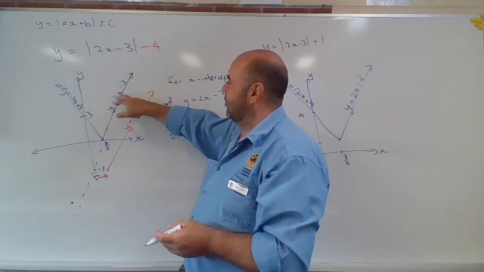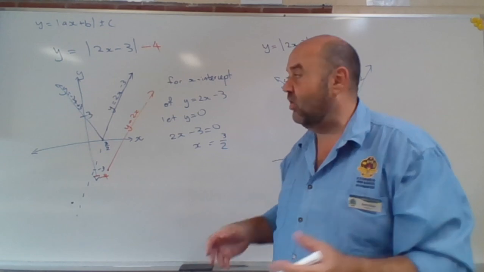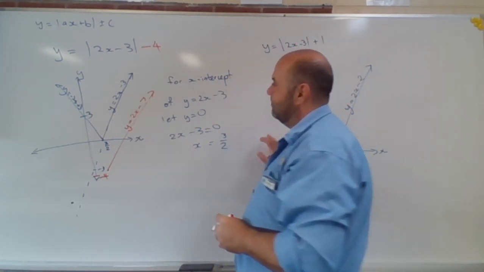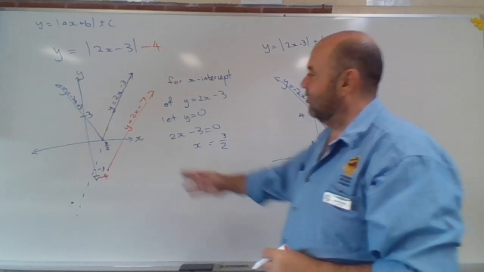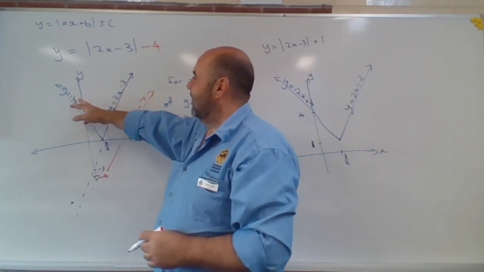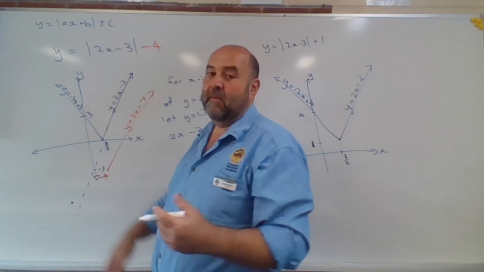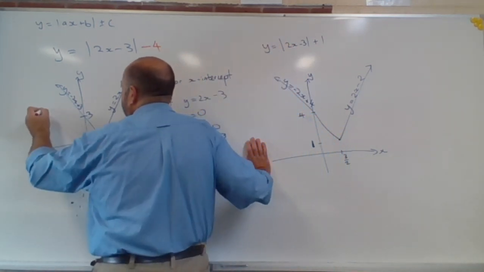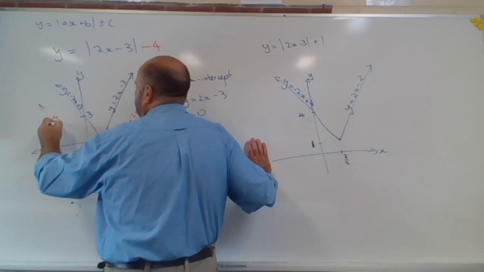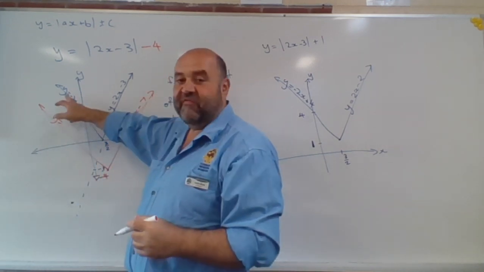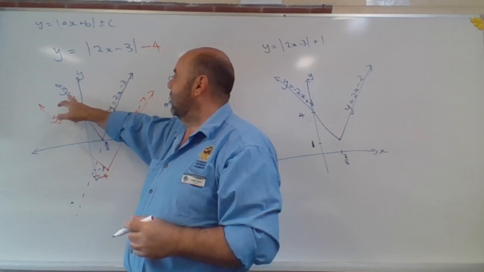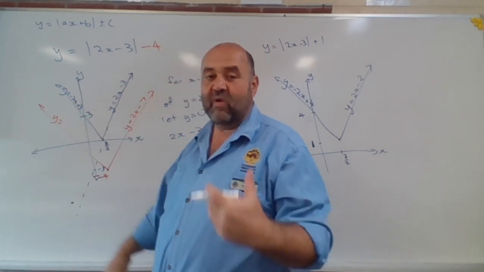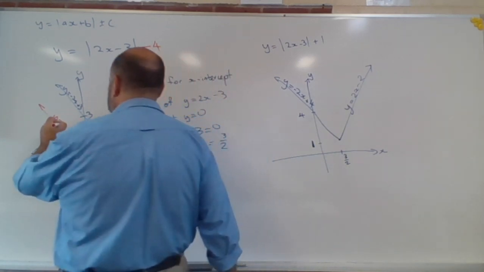This graph here will be y equals 2x minus 3 minus 4, so it'll be y equals 2x minus 7. Same on this side. This graph would be minus 2x plus 3 minus 4. I'm just going to subtract 4 from this function over here. It was minus 2x plus 3. That's going to be minus 2x minus 1 because I'm subtracting 4.